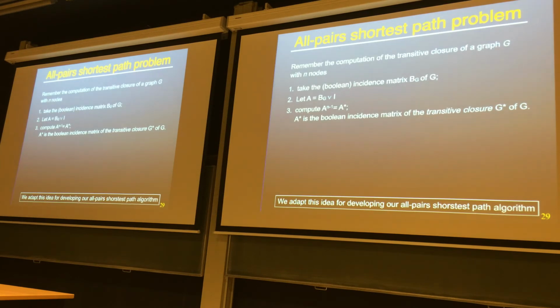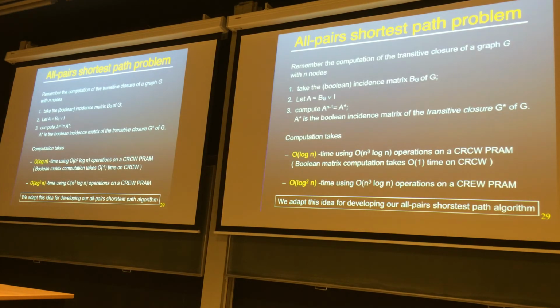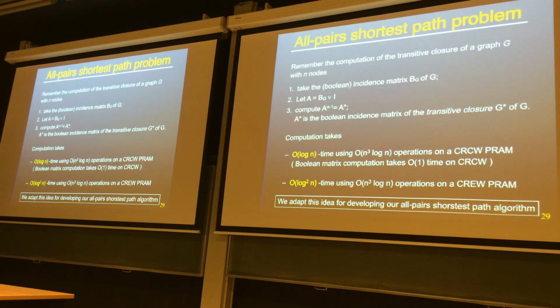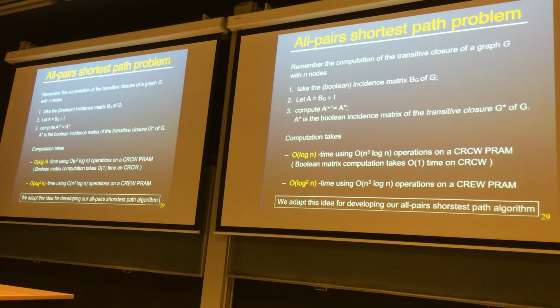And we could show by means of some simple calculations that this A star could be computed quite easily. It could be done in log n steps, given A. Okay. Well, this idea simply will be adapted to deal with the all pairs shortest path problem. We know that computation for this transitive closure takes O(log n) time and O(log squared n) time using a CREW.